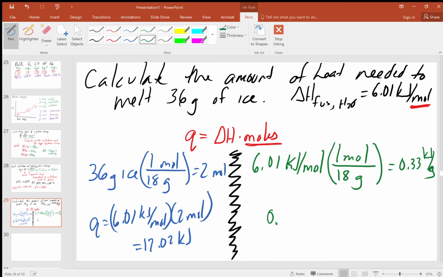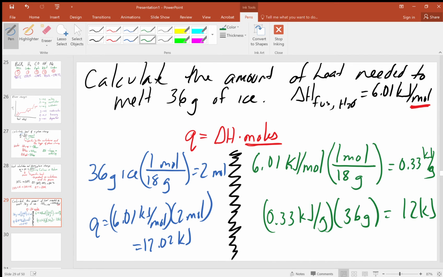And then if we took 0.33 kilojoules per gram times 36 grams, again, to 2 significant figures, we get 12 kilojoules. So we've done the same calculation in both cases, just in a different order.